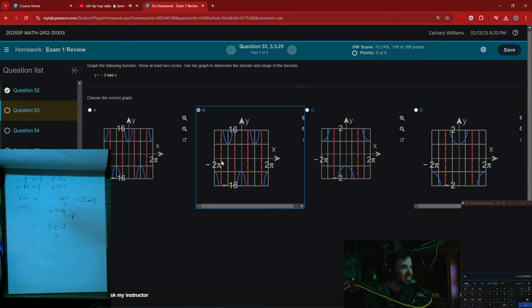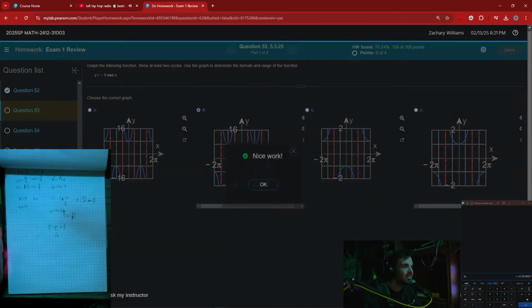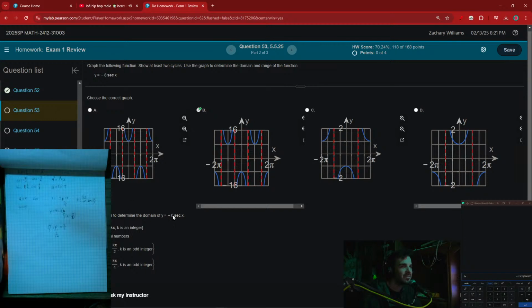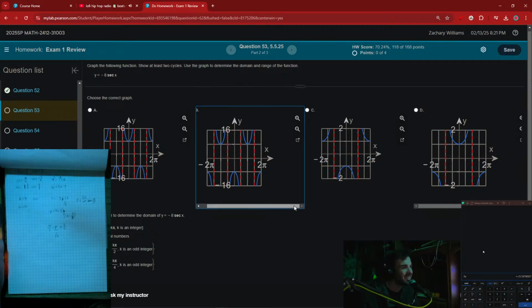I think it's this one, because we're flipping it over the x-axis. We'll go with that. Nice. And yeah, you don't gotta worry about it until you do gotta worry about it, and now there's a 16, and deal with it. And it doesn't intersect with any line at 16. It's just now you know the graph's bigger than 2.